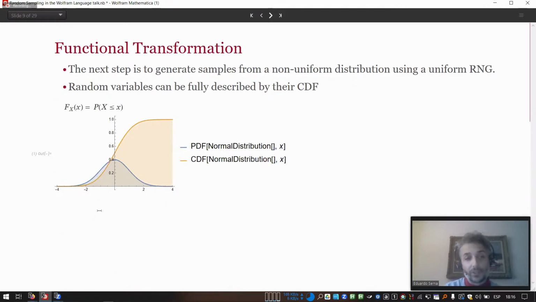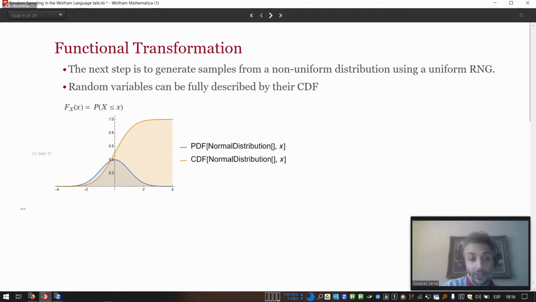Okay, so let's talk about functional transformations. The next step is to generate samples from a non-uniform distribution using uniform random samples. To do so, we have to define the CDF, the cumulative distribution function.